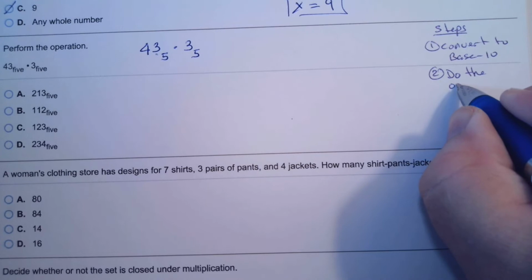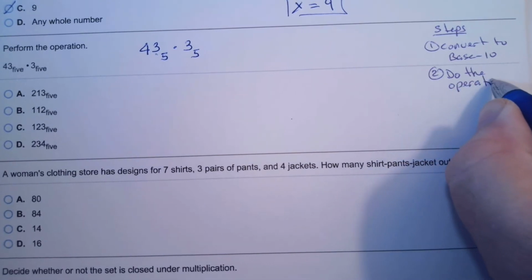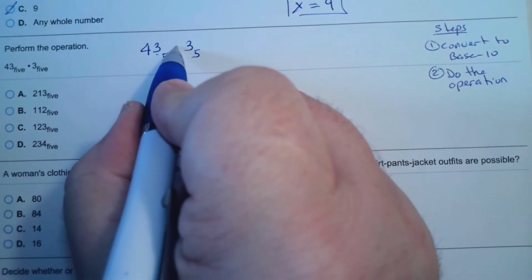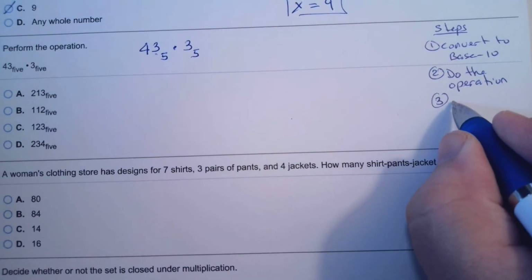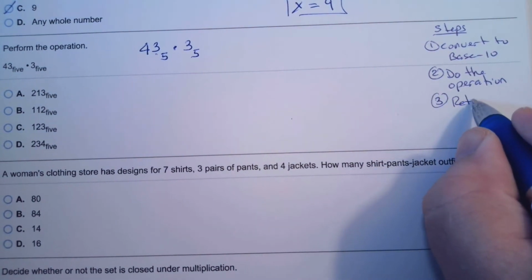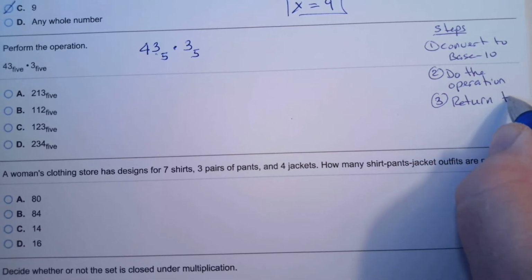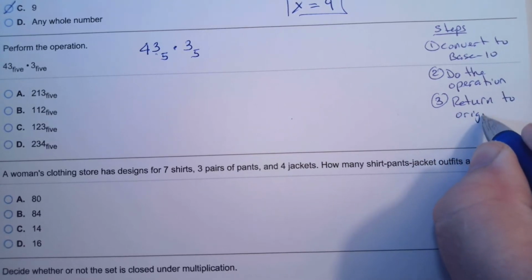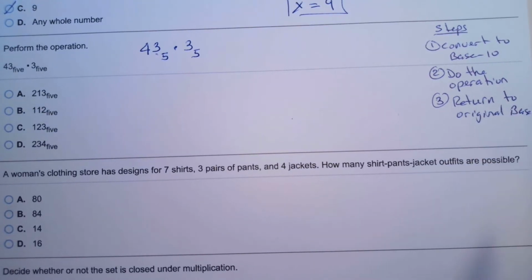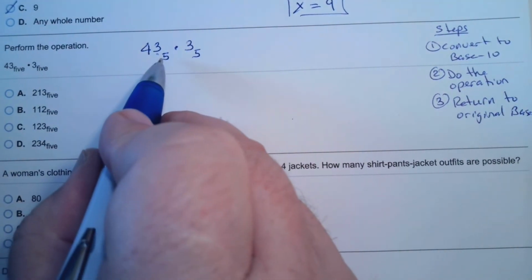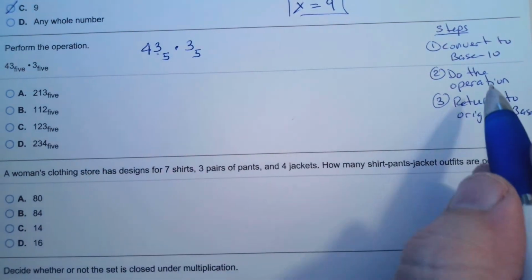Do the operation. Whatever the question is asking, here it's multiplication. And then when you finish, return to the original base. So here we start with base 5, so what we have to do first is convert to base 10.